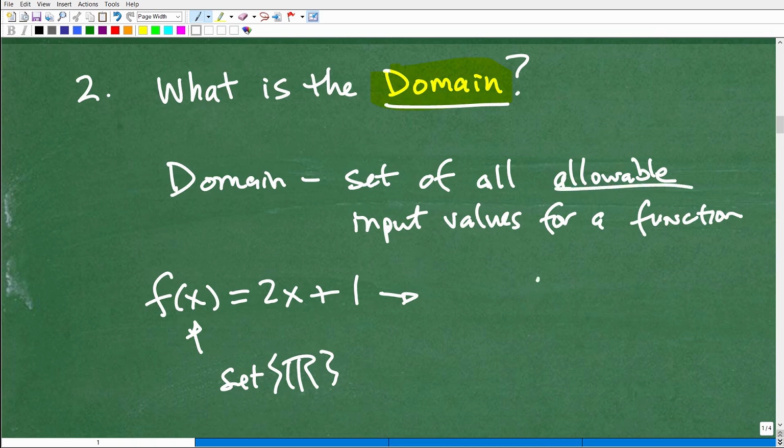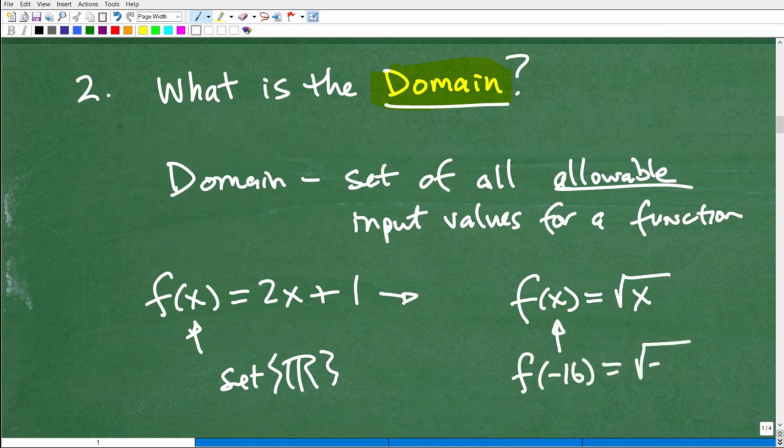So for example, if I had a function like f of x is equal to the square root of x, and we're defining the domain in terms of the set of real numbers, what am I allowed to plug in here? Well, I can't find f of negative 16 because I can't take the square root of a negative number when we're talking about the real numbers.